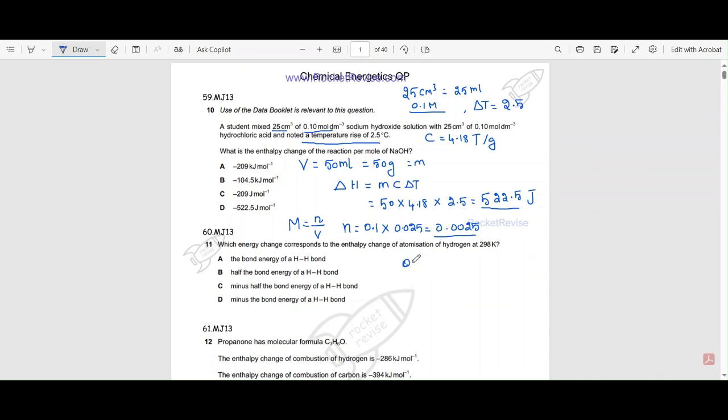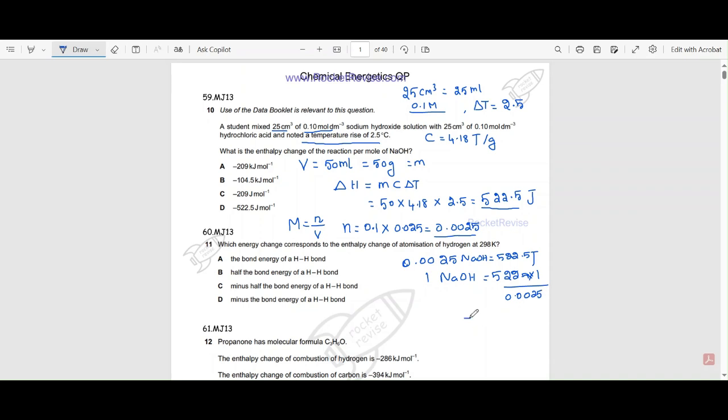So 0.0025 mole of NaOH released 522.5 joule of energy. Then 1 mole of NaOH will release 522.5 into 1 divided by 0.0025.